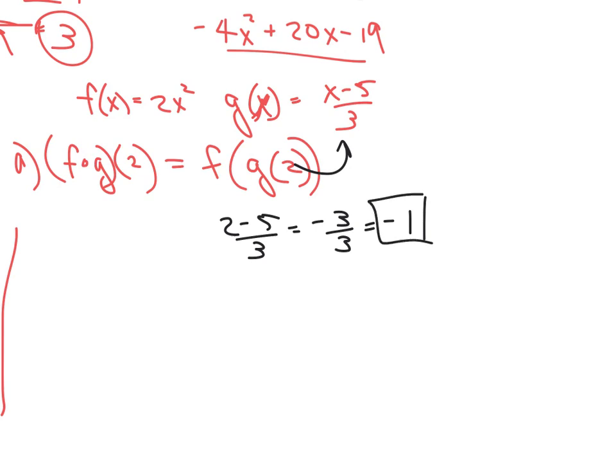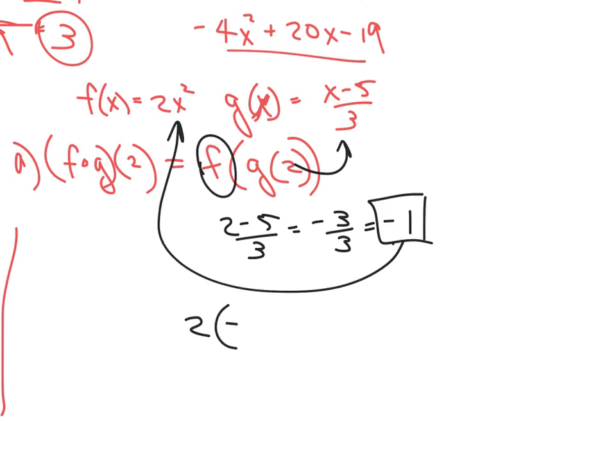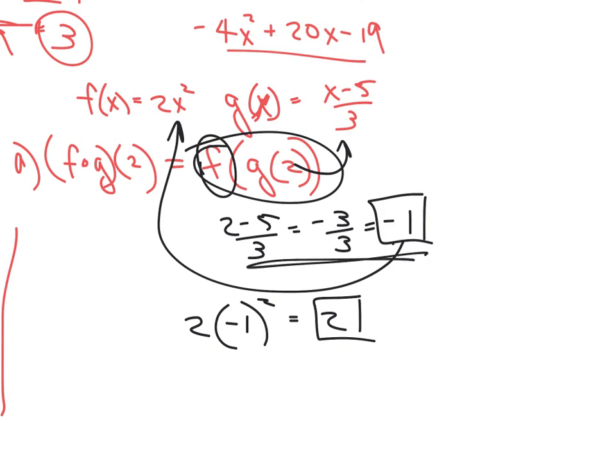Okay, so that's g of x. Now I'm going to take -1 and I'm going to do the f part. So I'm going to put the -1 there. And then my answer is 2. Okay, really not that hard, but it can get confusing following this and trying to understand what's going on there. But that is it for lesson 4.2.